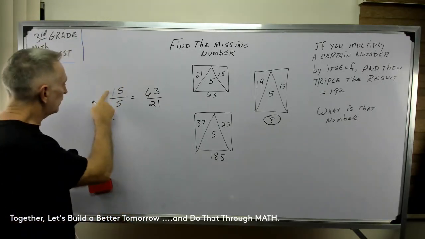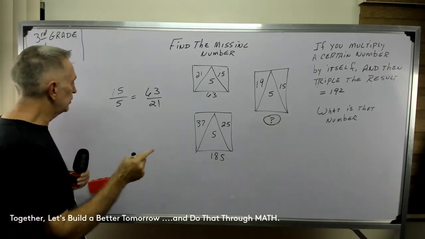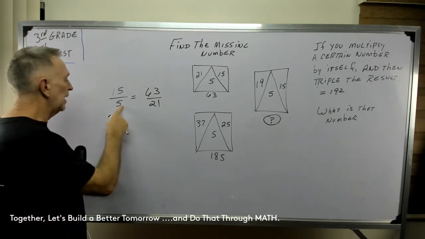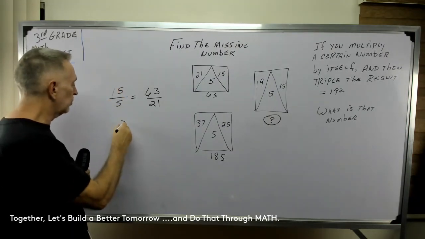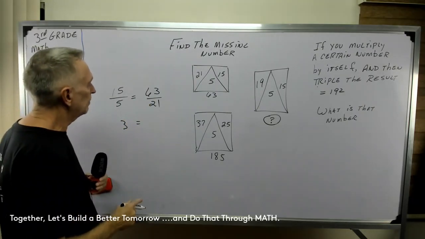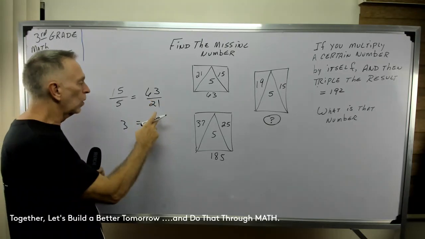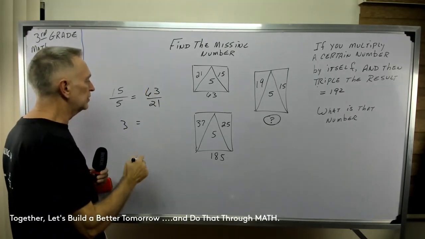Maybe. 15 divided by 5 is 3. And if you're not comfortable with division, what can I multiply 5 by to give me 15? Well, it's 3.